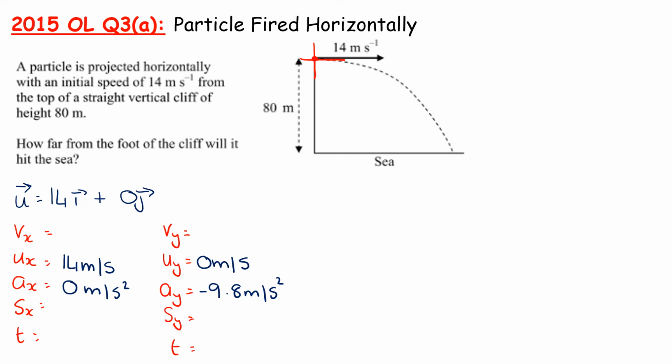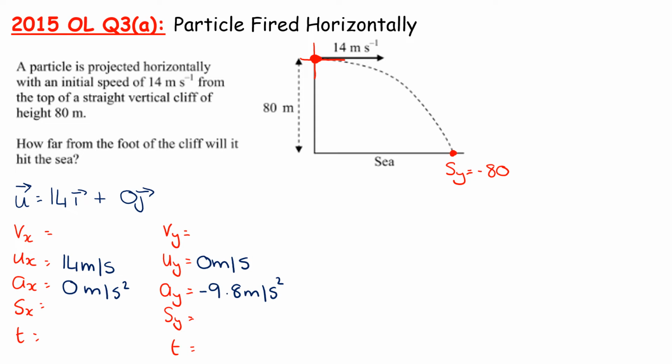What is important is when it lands. So in the last question, we said when it lands, it has no displacement in the y direction, so sy is 0. But here it's different because if we think of our point of projection back up here as our 0, 0, as our origin, where this lands is some number x, but sy is actually 80 meters below where it started, which is minus 80.